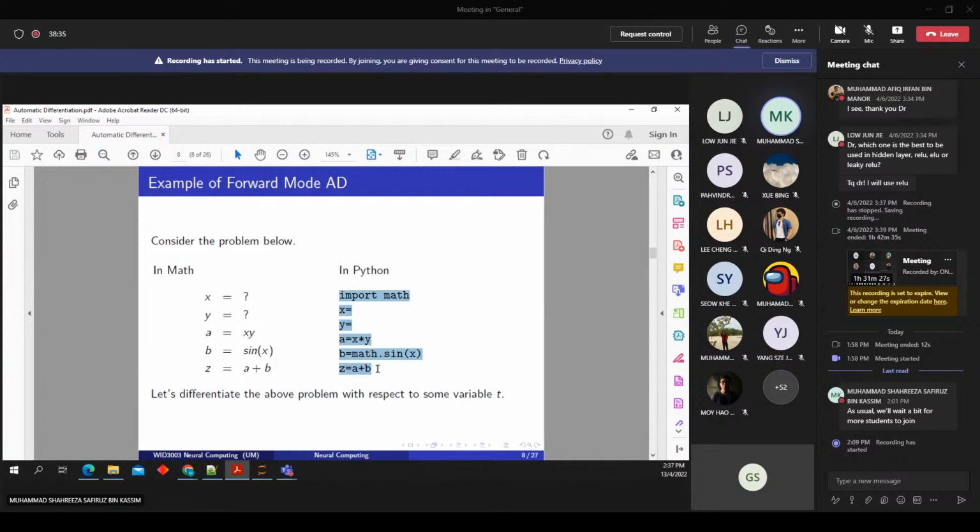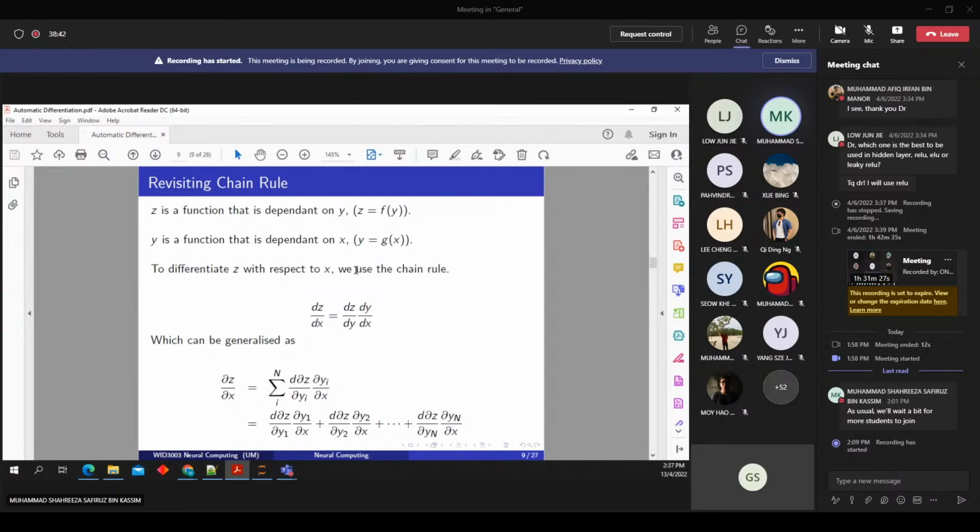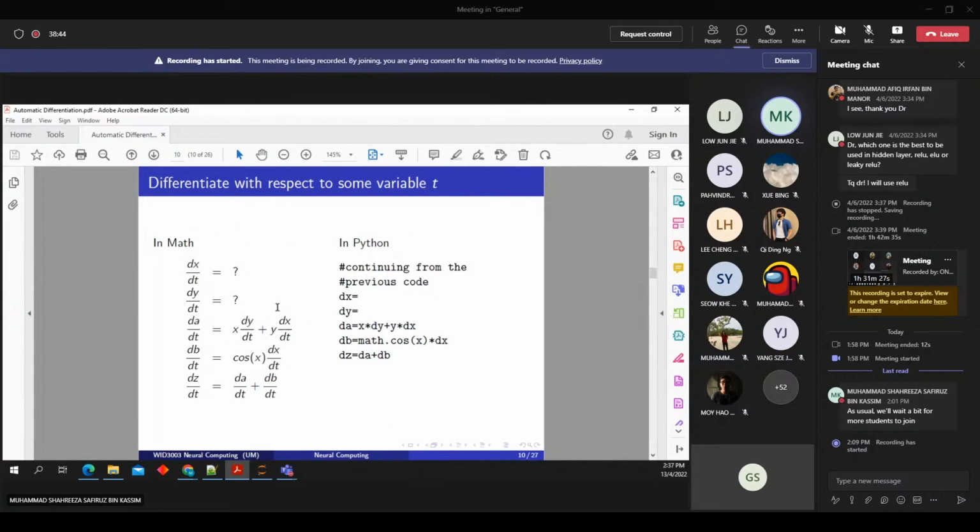This is how you do it in normal Python for the normal functions, and then you differentiate the functions. You find the derivatives of each term of each variable here, assuming that x and y are functions of some variable t, and this is how you do it in Python.